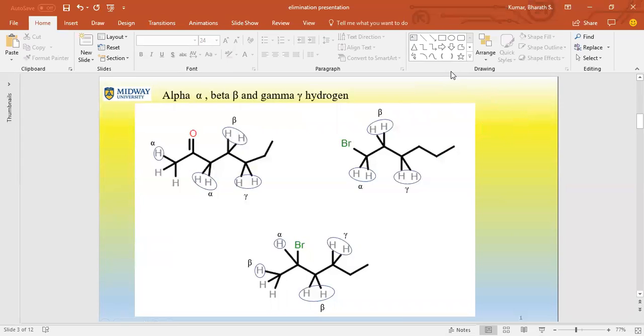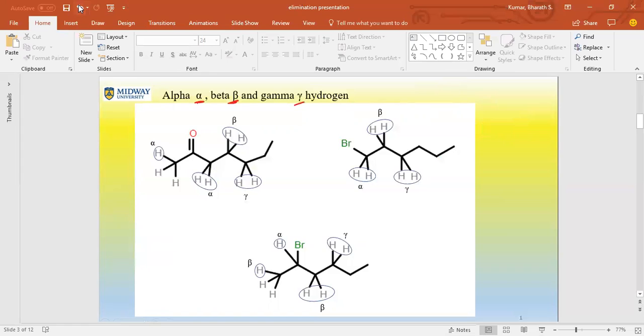Now, this is something very important from a test perspective. Whenever an elimination reaction happens, it's usually the beta hydrogen that comes off. Now you need to know where those beta hydrogens are. So alpha, beta, and gamma are the three types of hydrogens, as you can see here.